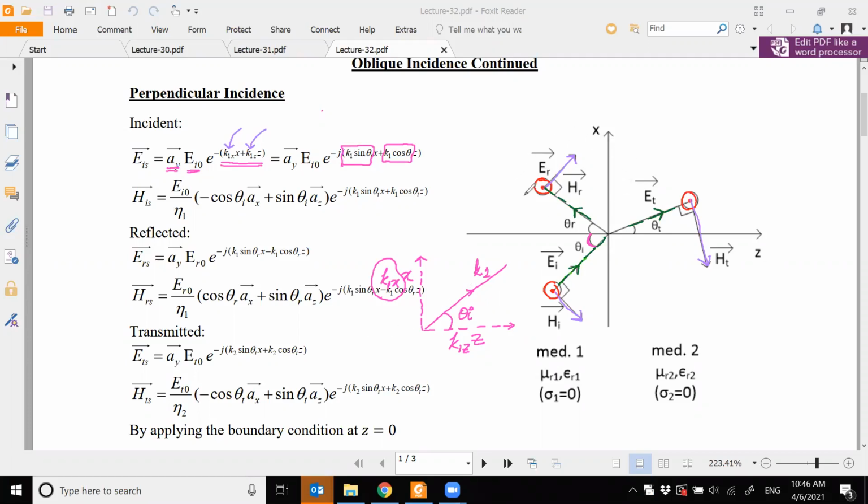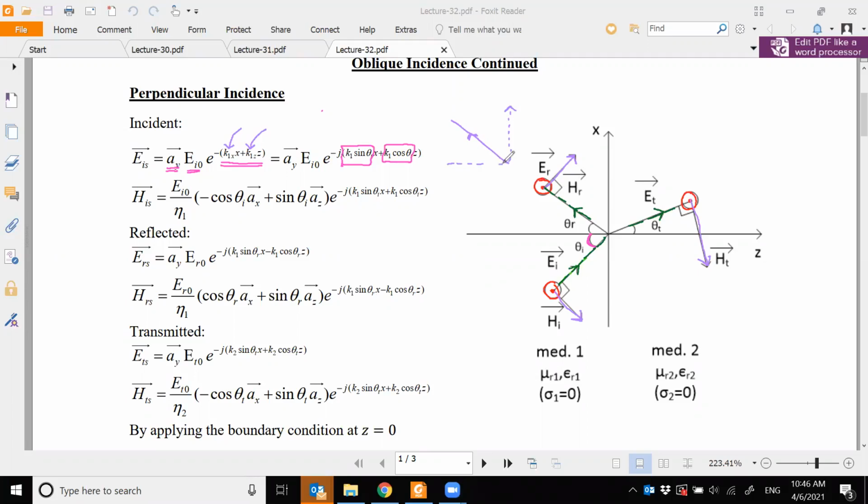Now for the reflected, again, this is my direction. This is the component along the X direction.